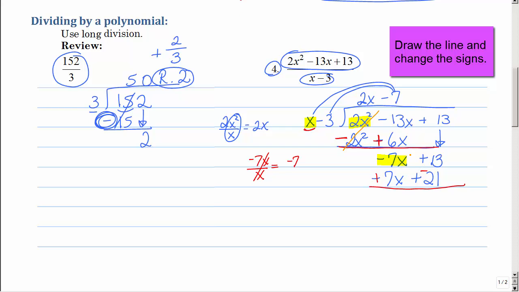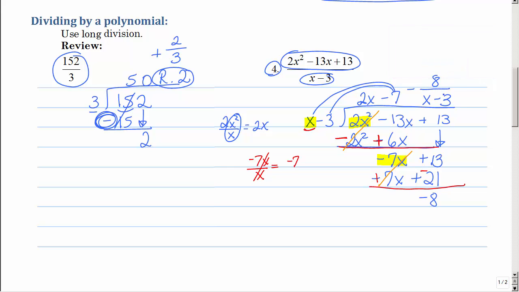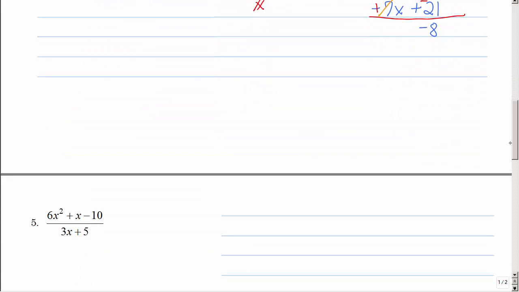And again, those should be equal but opposite. So when you add, you get 0. And here, positive 13 and negative 21 is negative 8. And then I stop. So I would have minus 8 on top of x minus 3. That should be my remainder. I know that's a little confusing, but it's not real hard. Let's do some more practice.